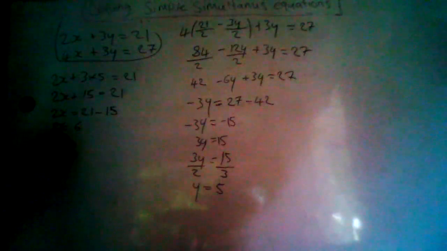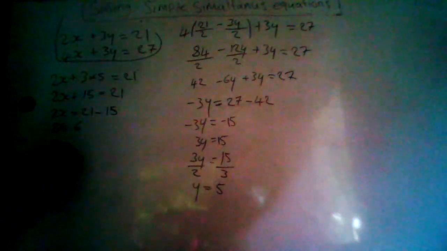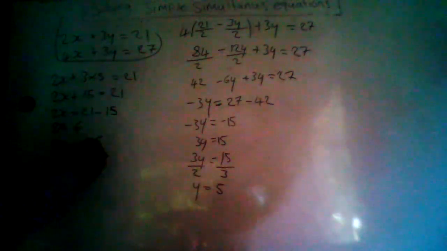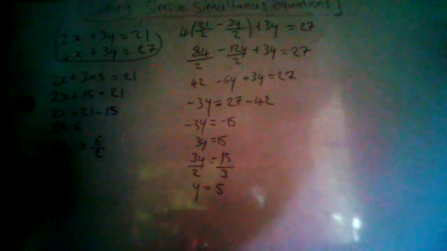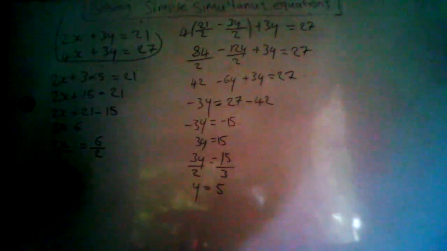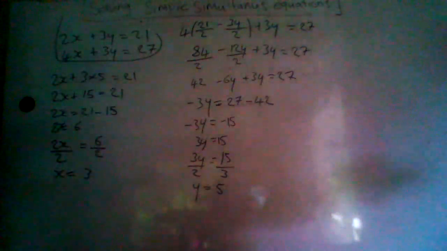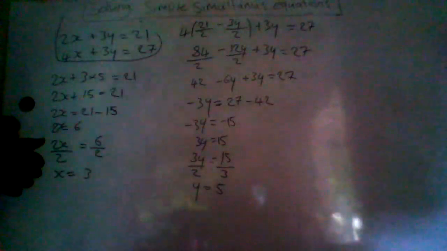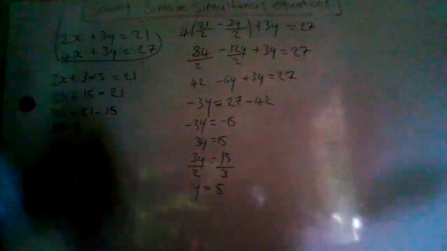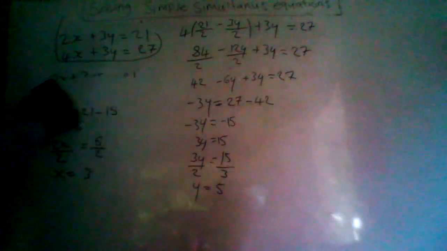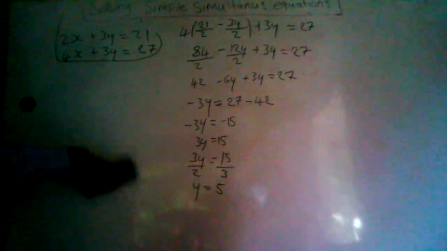So 2x divided by 2 equal 6 divided by 2. So x will be equal to 3. So we got the same result as we got in the matrix. So what I will do now is I will solve it using the elimination method now, and I should get the same result again.